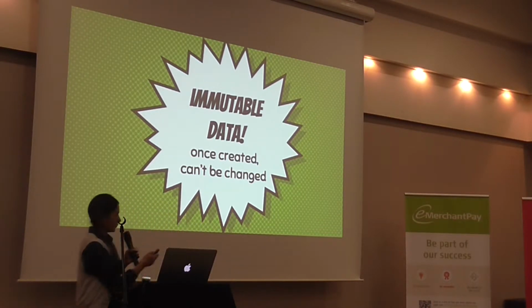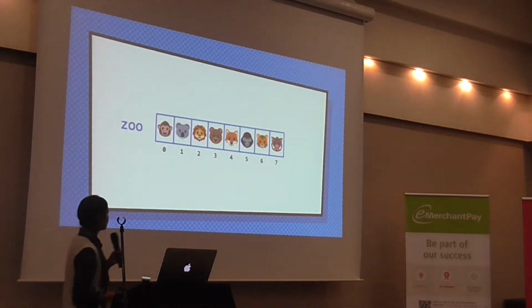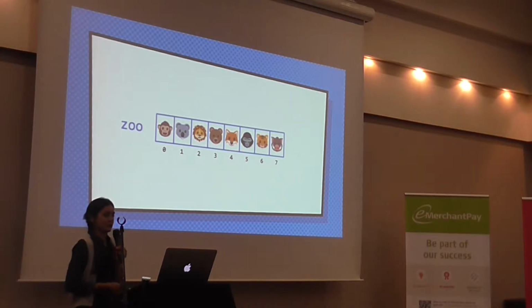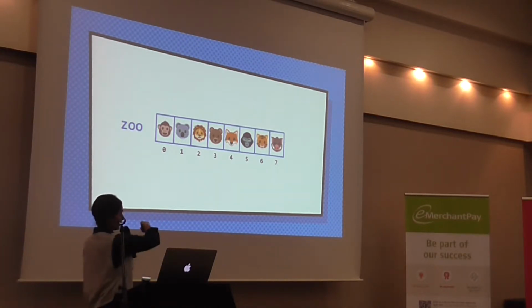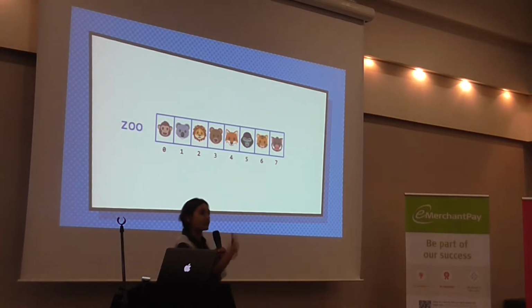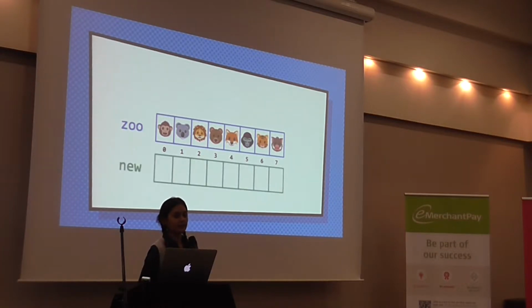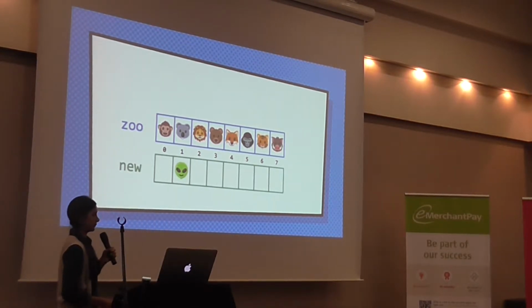So, if our data is immutable, then what happens in our zoo? All right, so let's go back to our original zoo. I have these Earth animals. They're pretty cute, but I still want a new array that's more exciting and has an alien in it. So what do I do? I can't change zoo because once it's created, it always stays exactly the same. So if I want an array that's just like zoo except has an alien in it, I would have to create a new copy, the same array, in which instead of a koala at index 1, I have an alien.